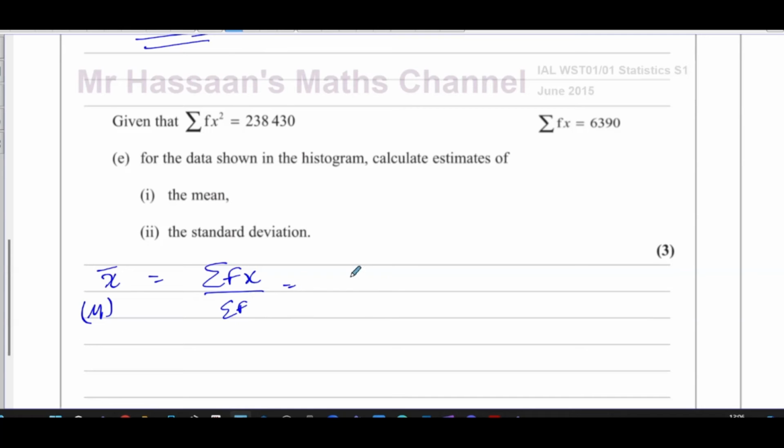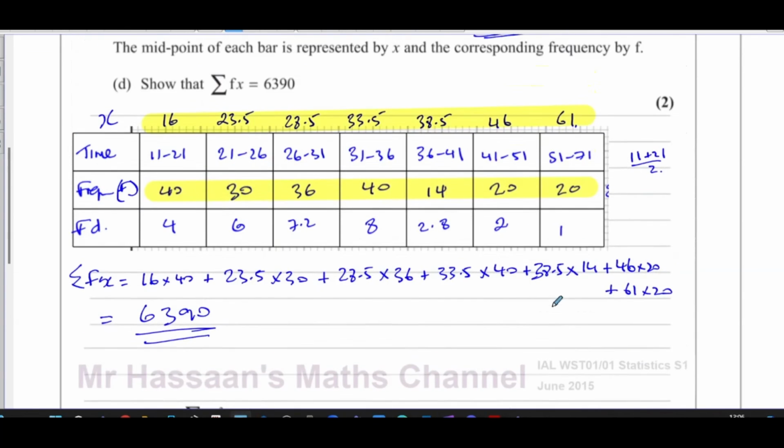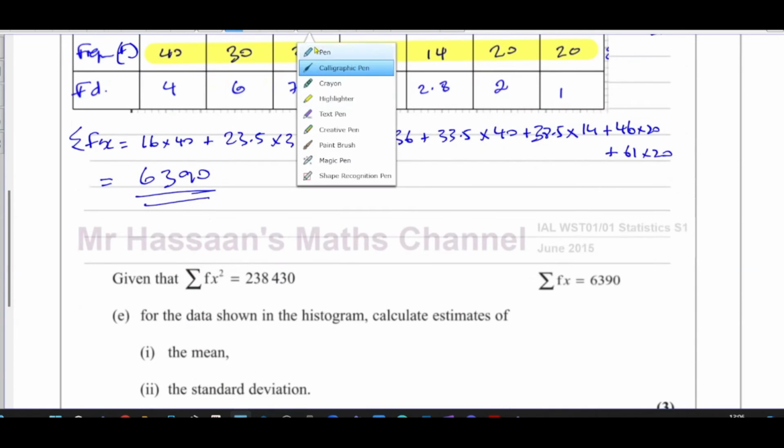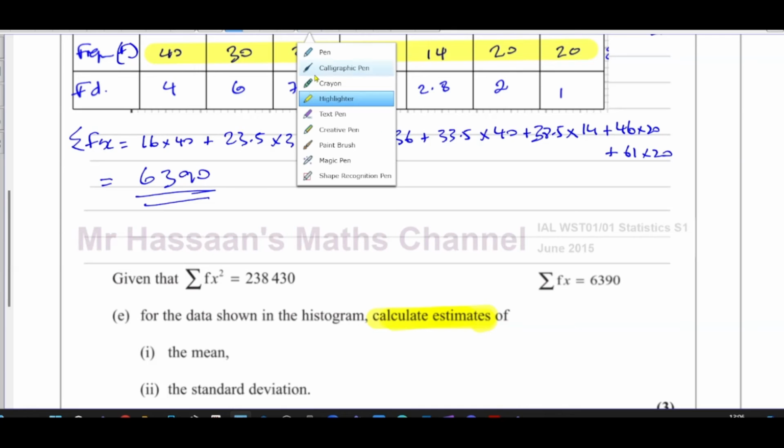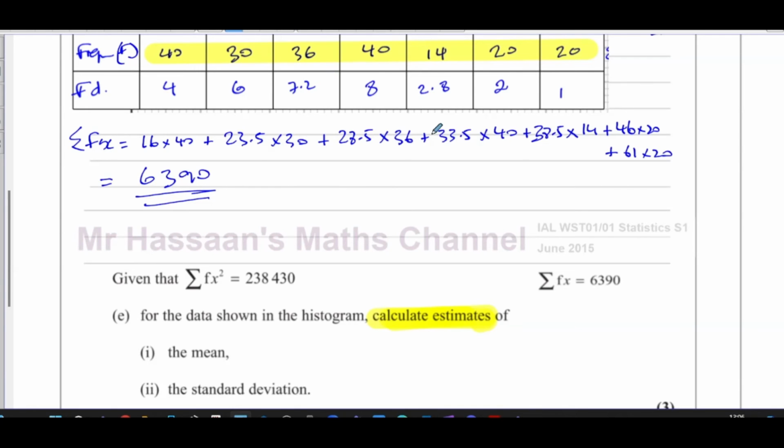We can't actually find the sum of all the entries. Why? One of the things that gives us a clue is "calculate estimates of." Why are there only estimates?